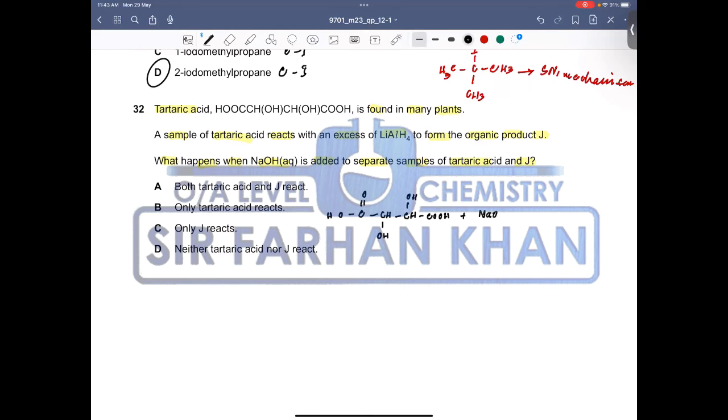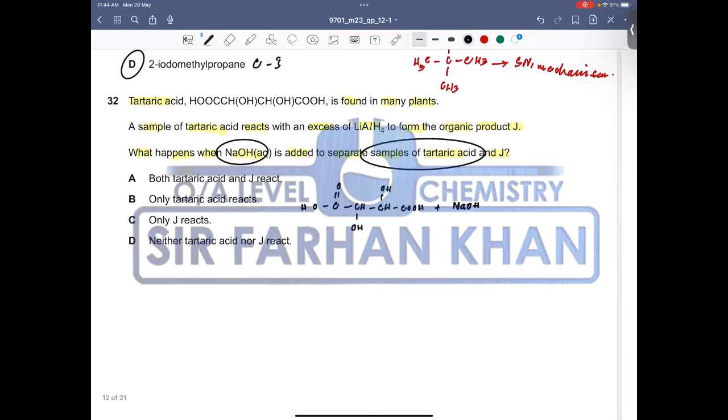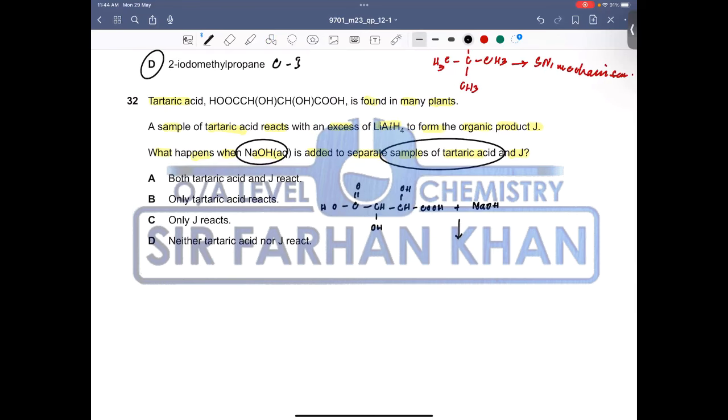If I use NaOH, because he's adding NaOH to a sample of tartaric acid, what is going to be formed? Basically a salt, because all alcohols are neutral.